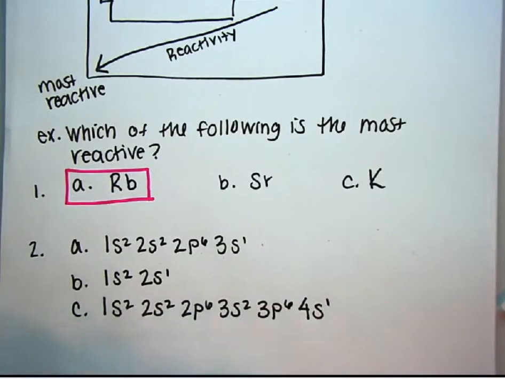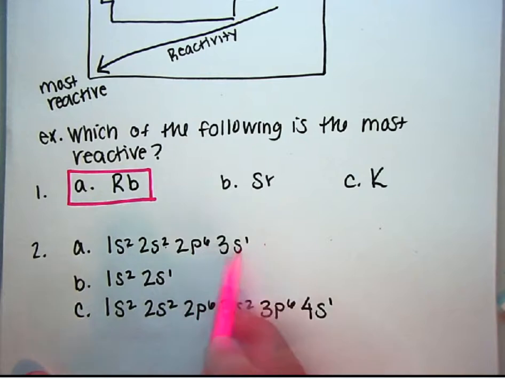So again, easiest way to probably do this is to figure out what the elements are first by counting their electrons. 2, 4, 10, 11.